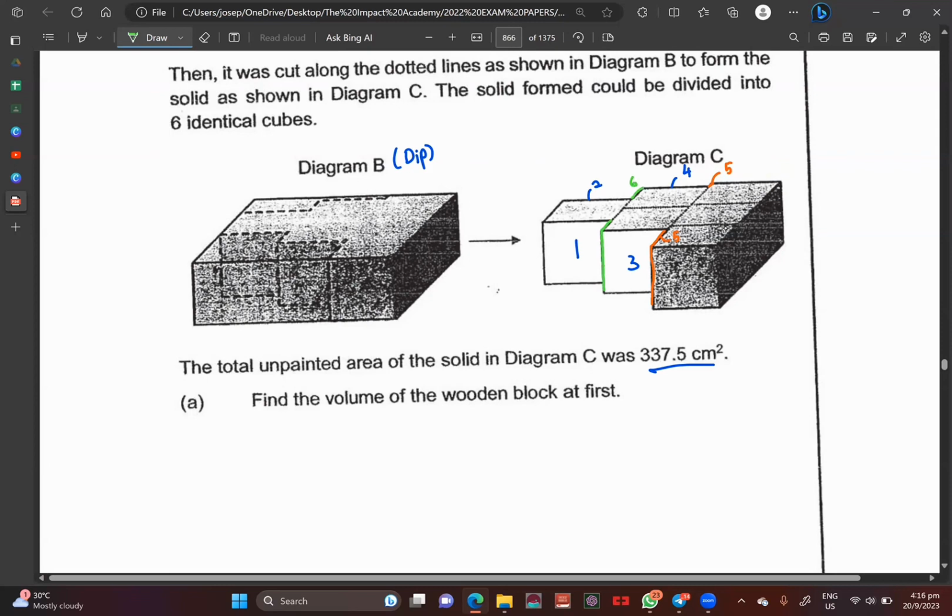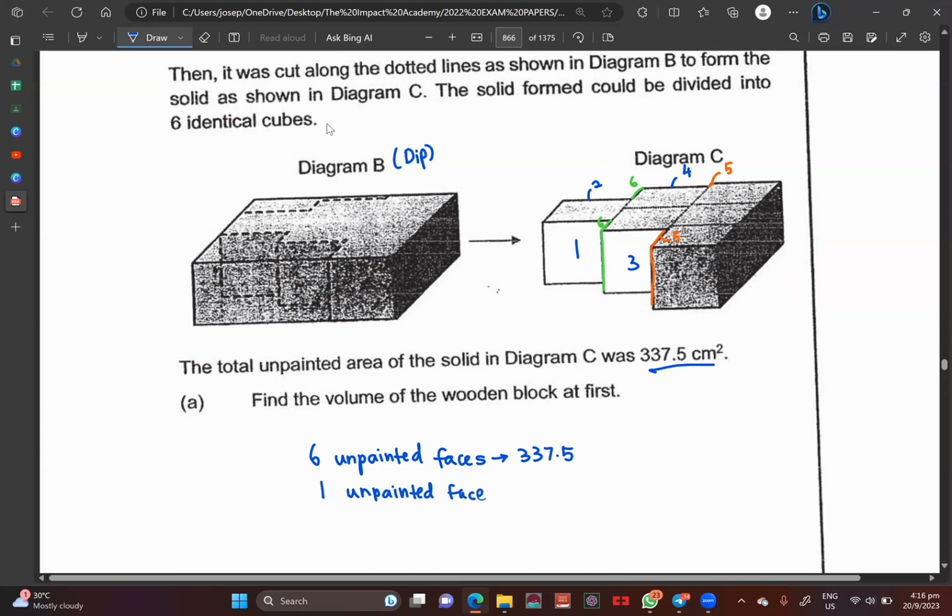So both of them add up together to give me 6. So what I know for sure is that 6 unpainted faces equals 337.5. We always find one first, so one unpainted face.